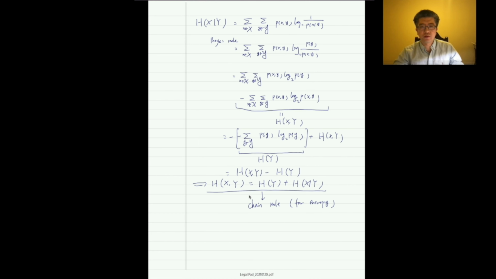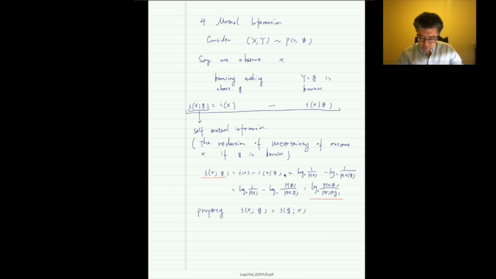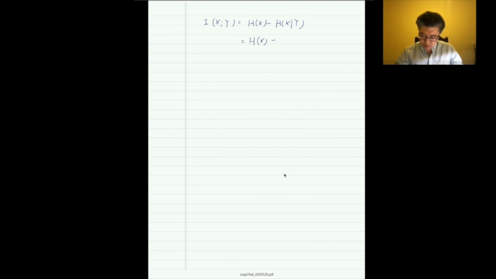So the conditional entropy of x given y will be nothing but this minus this. Let's use this formula here. H(x given y) equals H(xy) minus H(y).